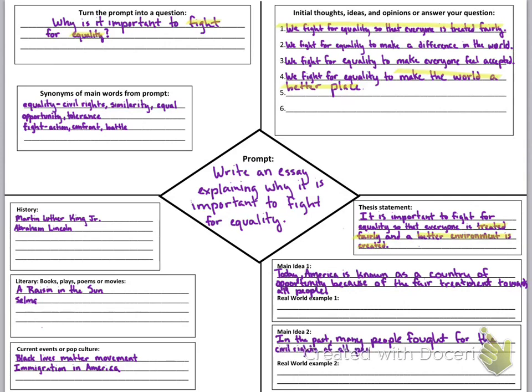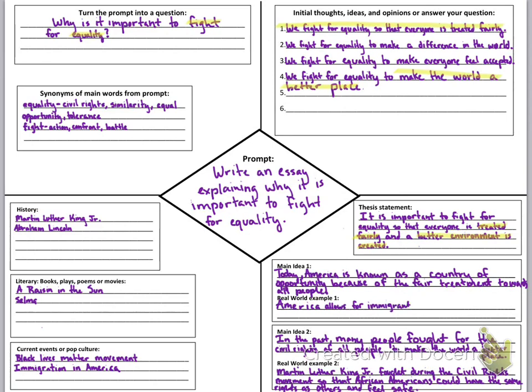And then in body paragraph 2, I said, in the past, many people fought for the civil rights of all people to make the world a better place. Okay, and so in that one, I'm going to use Martin Luther King Jr. and his fight during the civil rights movement so that African Americans could have the same rights as others.